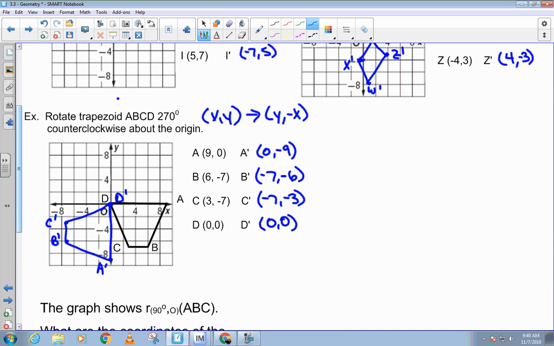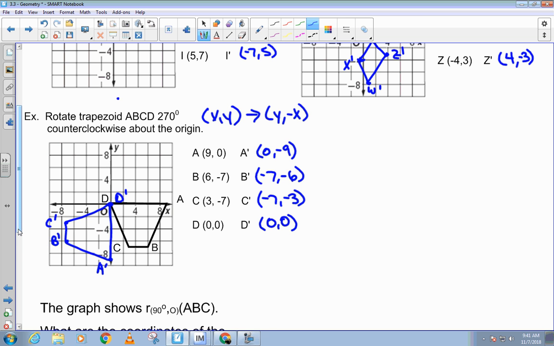Now, you'll have a few problems where you have to tell me what the rule is. Okay, and so in that case, you have to look at your points. And you might even want to plot what the points are. Like, if this is the way it was, I could look at this and say, okay, they changed places and this changed signs.